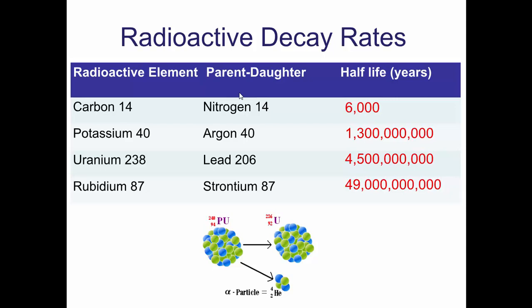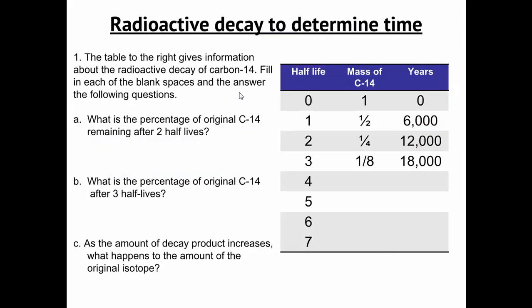Half-lives mean that elements decay at a predictable rate. So we can use half-life to determine how old something is, if we know how long it takes for half of it to decay. For example, look at this chart about carbon-14, which has a half-life of about 6,000 years.